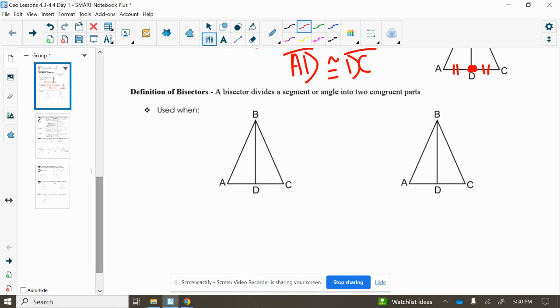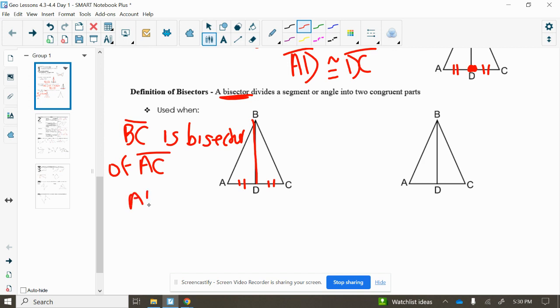And segment or angle bisectors are given when we see that keyword of bisect. So for instance, if I said that segment BD is the bisector of AC, we could say that those two pieces are congruent, so AD is congruent to DC.